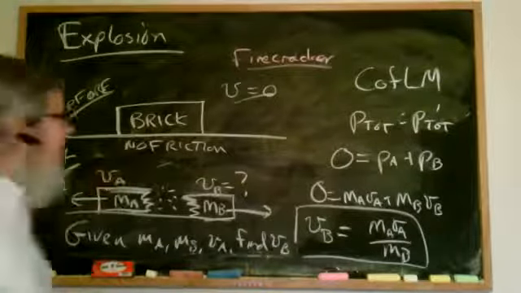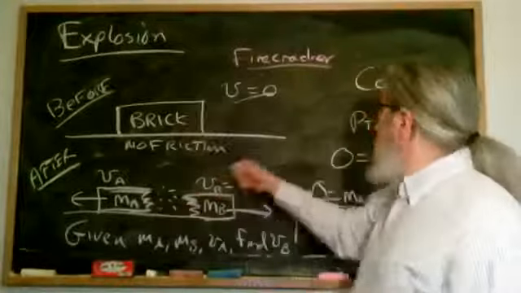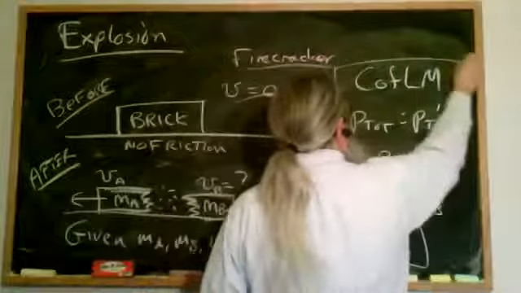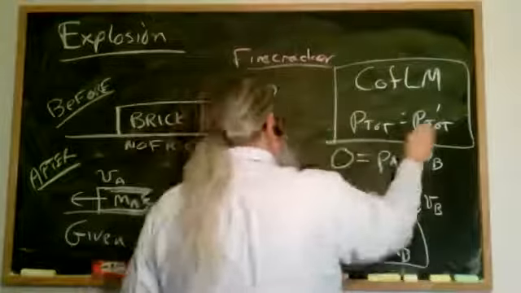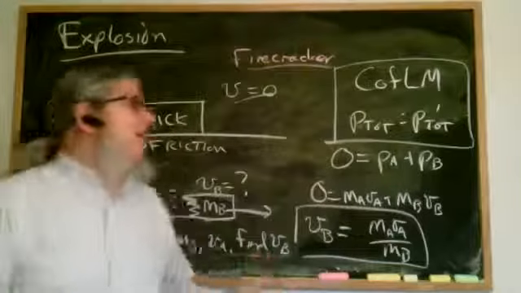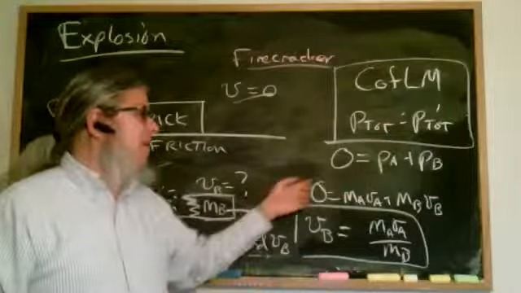Notice something about conservation laws. Conservation laws involve terms that don't depend on time. Whatever the quantity is, it's independent of time, so I can evaluate it on either side.